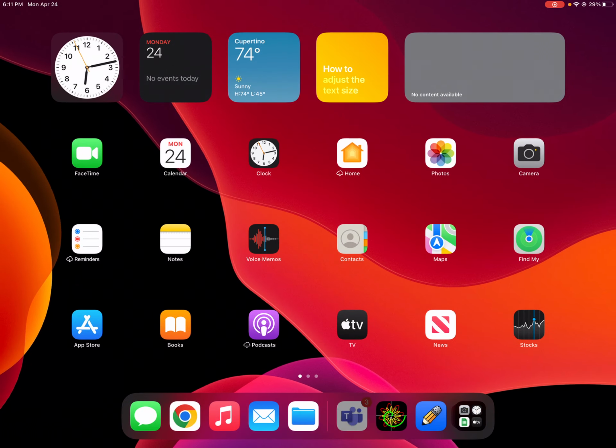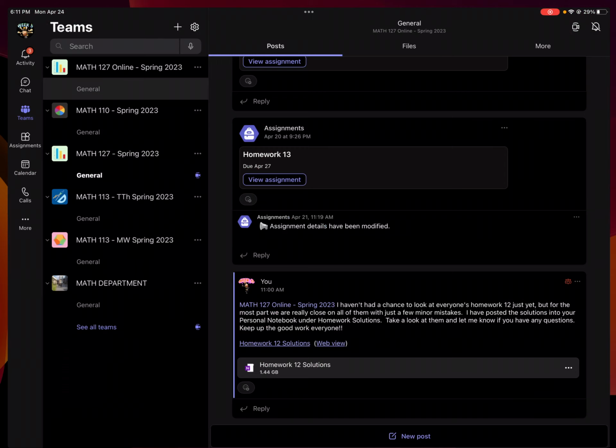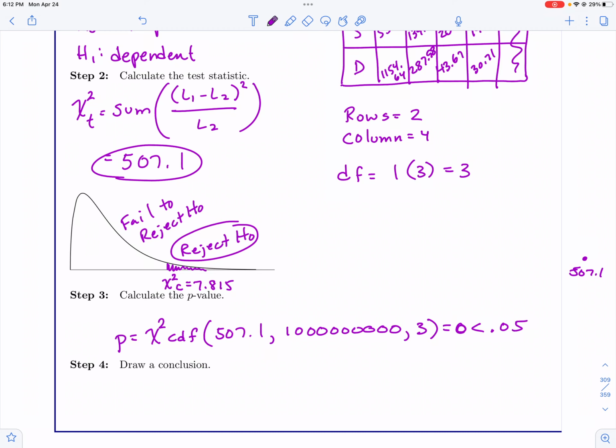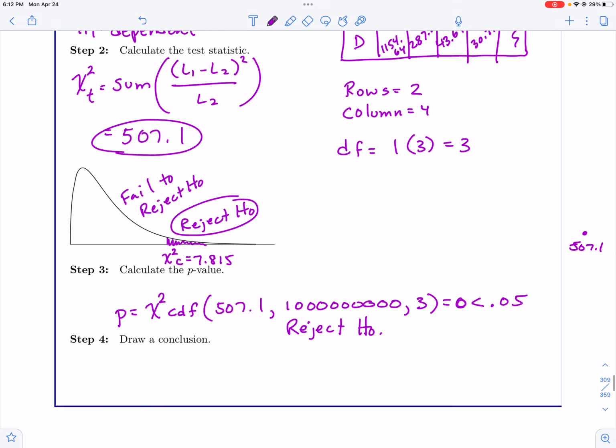So with that being the case, this is 0, which is less than our 0.05. So we're clearly going to reject h naught. So these two variables then are dependent in this case.